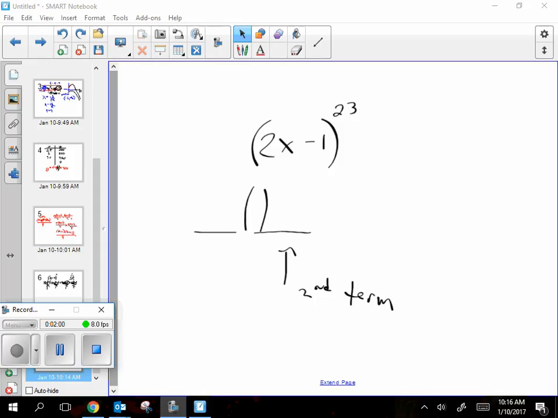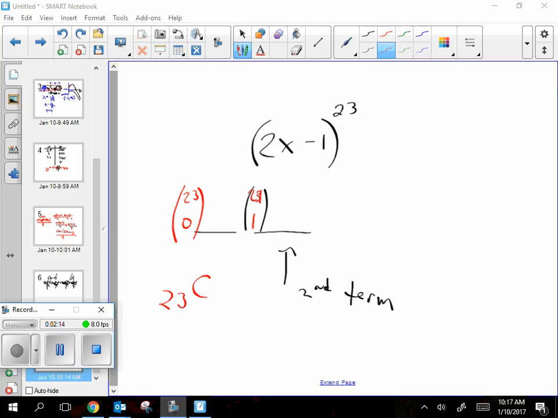All right, so some thoughts. This spot right here would have been 23 over 0. That makes this spot 23 and 1, and that means 23 choose 1, which means 23 factorial over 23 minus 1, which is 22 factorial, with an extra 1 factorial.